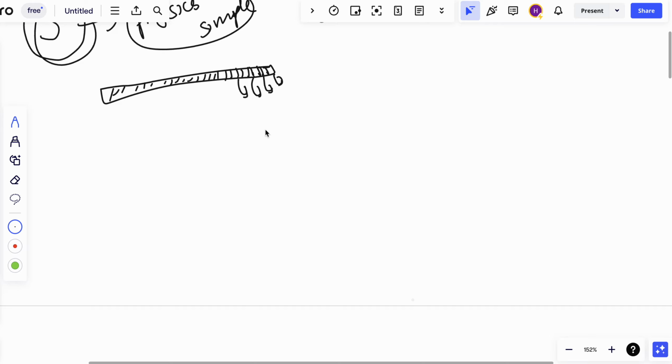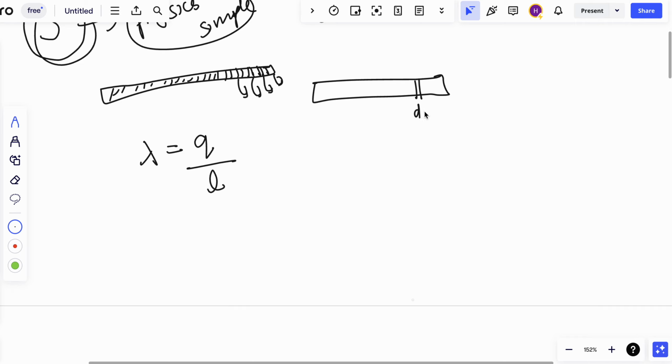Let's consider this as an element. We know that there is lambda, which is already given to us. It is charge per unit length. We take this rod and take a small element, dq, because it will be a small element, it will have a charge dq. We know that there is a q here and there is a distance of a.